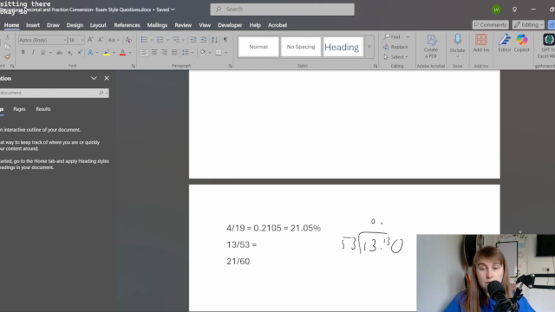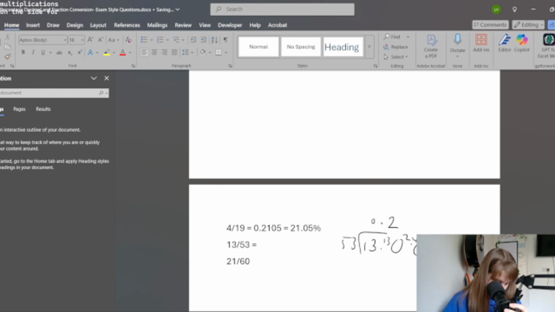Okay, so there are 2 53s in 130, which would be 106. So my remainder between 106 and 130 is 24. These are quite big numbers, so what I tend to do is multiplications on the side.